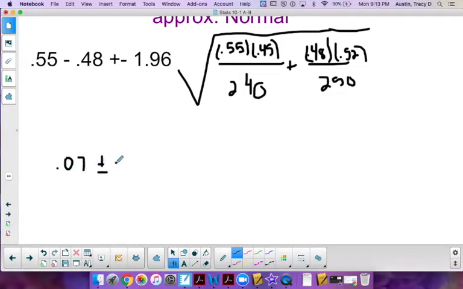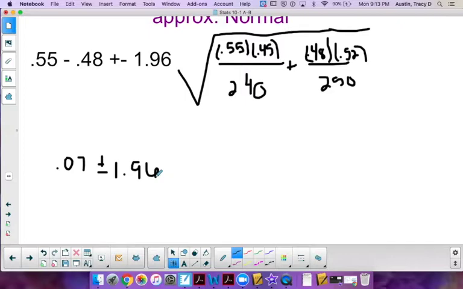Okay, so plus or minus 1.96 times this big thing. And you should be putting this in your calculators now. All right, let's see. That's a fraction, 0.55 times 0.45 all over 240, right?